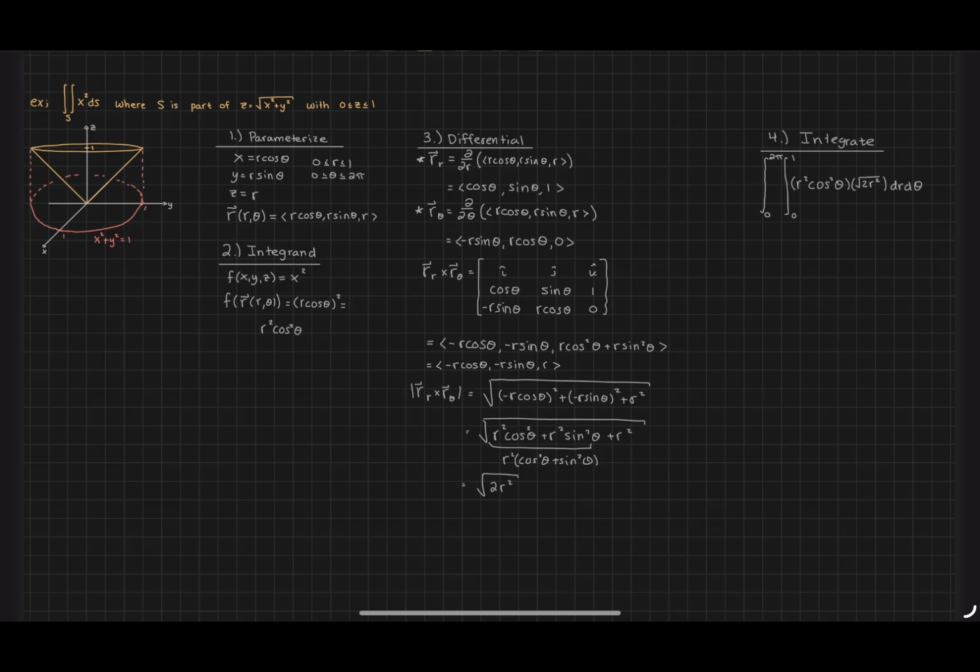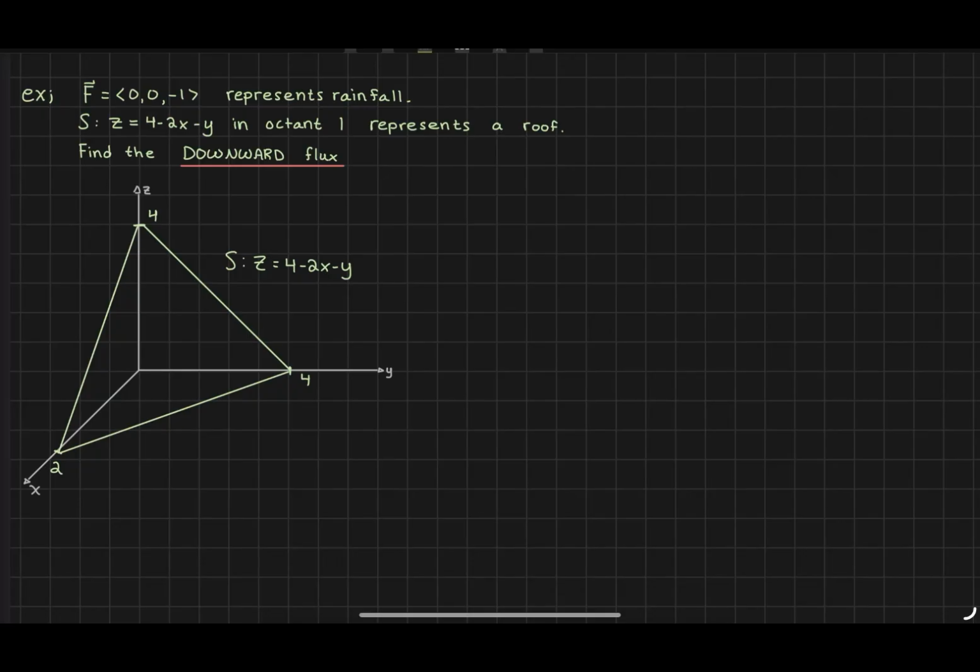Let's go ahead and get into another example. We're going to be transitioning away from scalar surface integrals and into vector surface integrals, and this is a pretty good example for doing that. Our example says we are given a vector field 0, 0, -1 that represents rainfall.